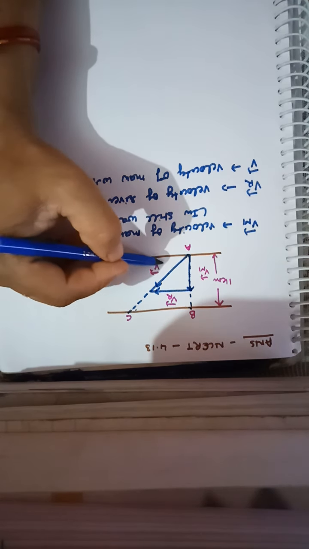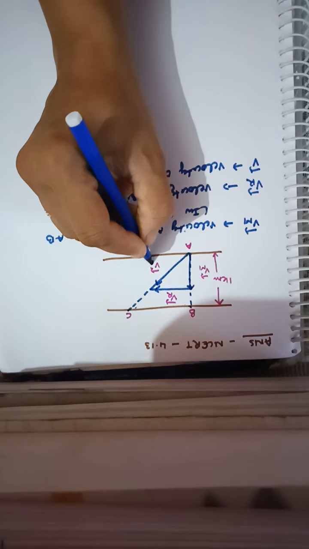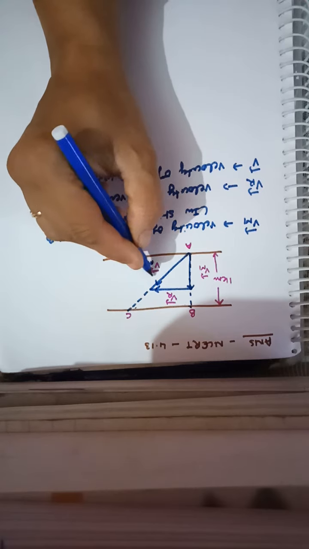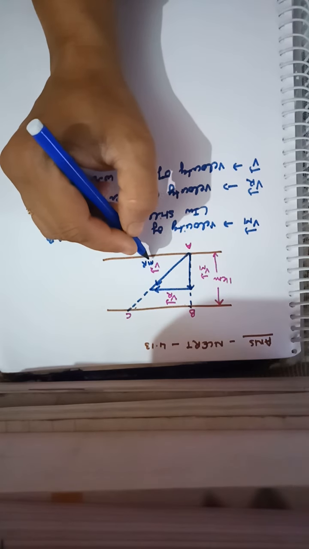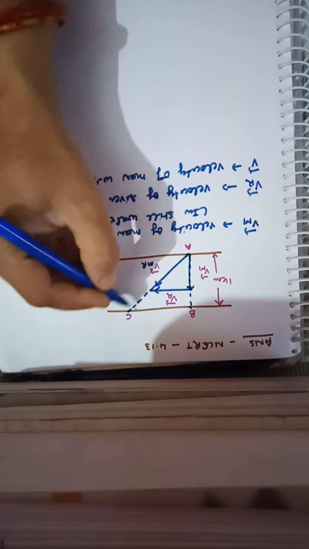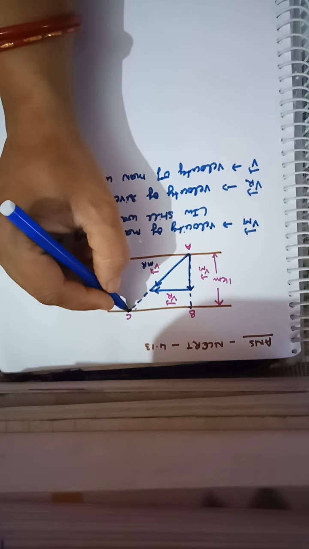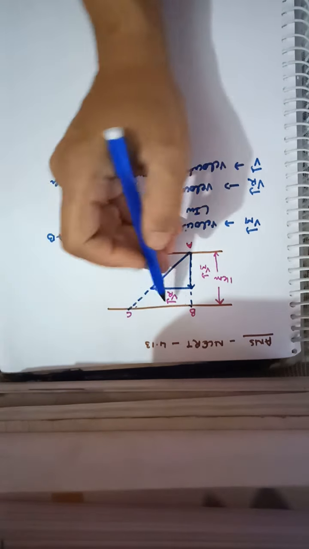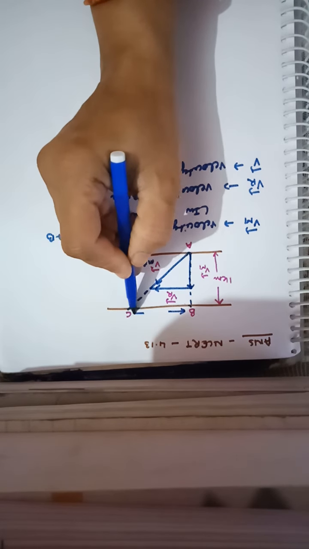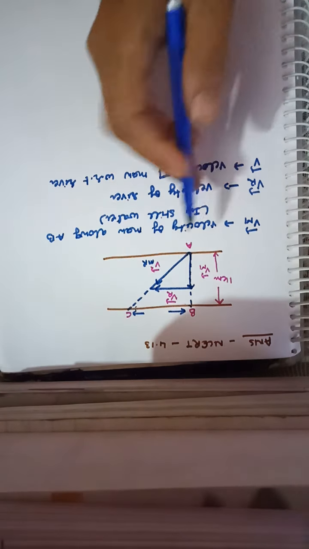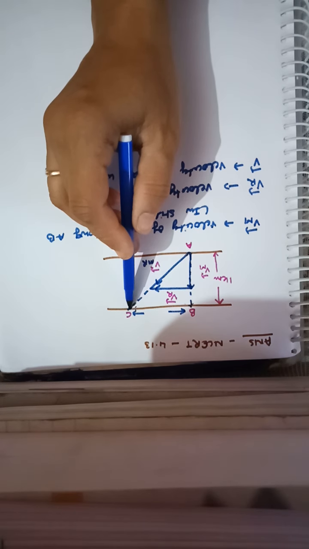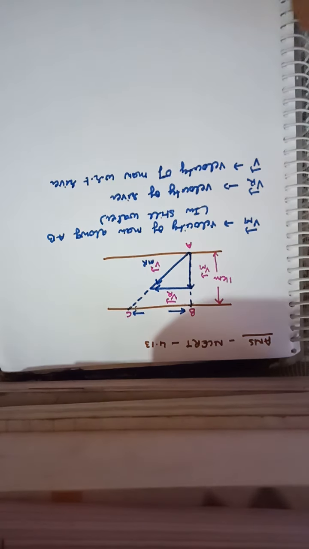Because of the relative velocity of the man with respect to the river current. So when the man gets this velocity, the velocity of the man with respect to the river current, he reaches the point C on the other side of the bank. So you have to find out this distance, how far from this point he will go to cross the river.